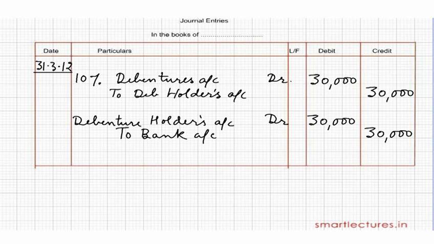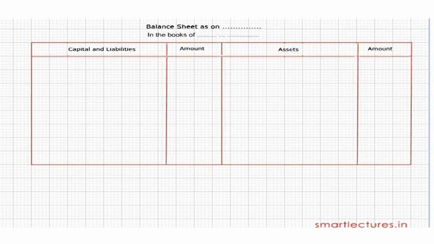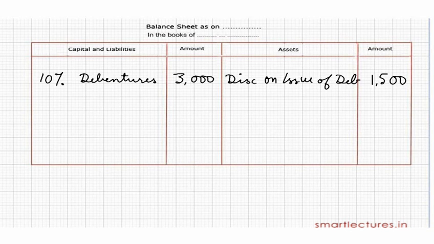And profit and loss account debit to discount on issue of debentures account. And the amount will be 3,000 rupees. So let's look at the balance sheet. What will be the position in the balance sheet? On the liability side, 10% debentures, that is 3,000. And on the asset side, discount on issue of debentures account will be 1,500 rupees.